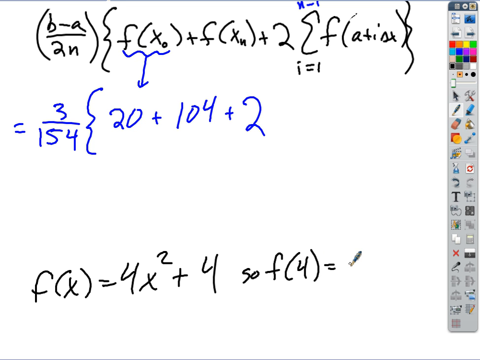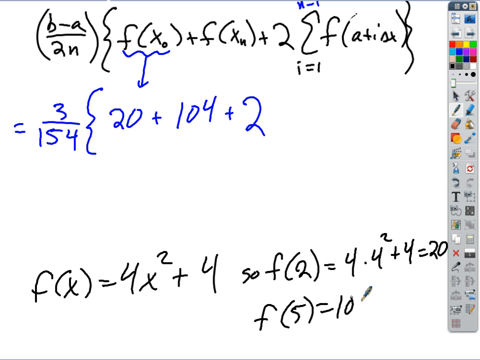Okay, I think I see what you're saying. So I'm just evaluating the function at 2, not 4. F of 2 was 20, and we found that f of 5 was 104.